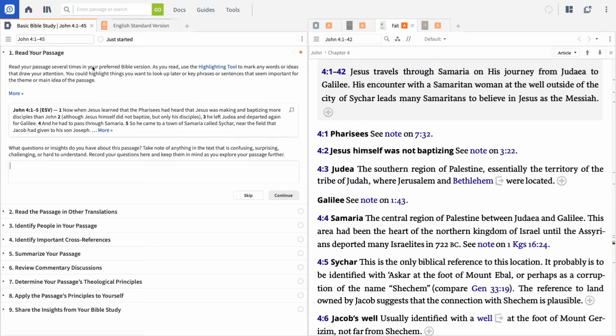Read your passage several times in your preferred Bible version. As you read, use the highlighting tool to mark words, ideas that draw your attention. And you could highlight things you want to look up later, or key phrases or sentences that seem important for the theme or main idea of the passage. That sounds good. And then it has a little text box we'll fill out after we read it.